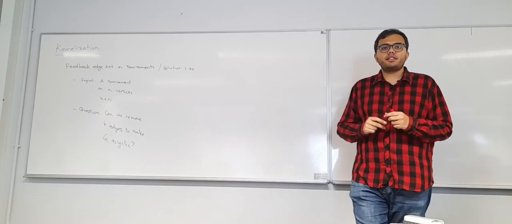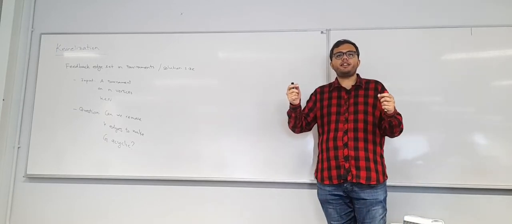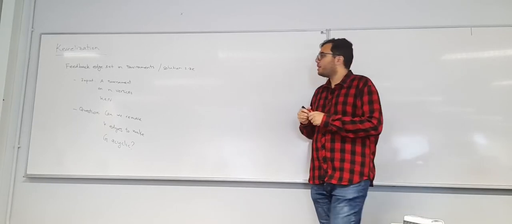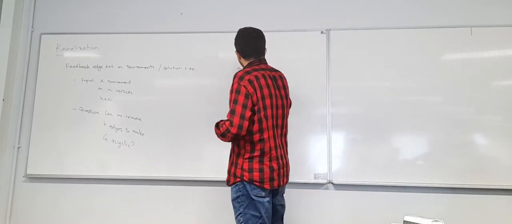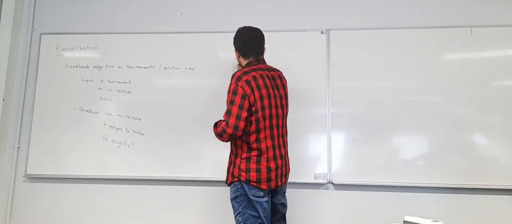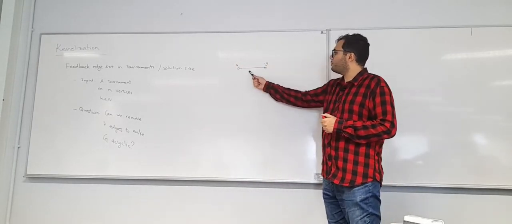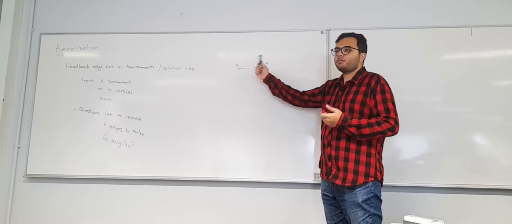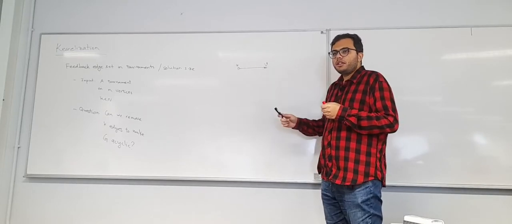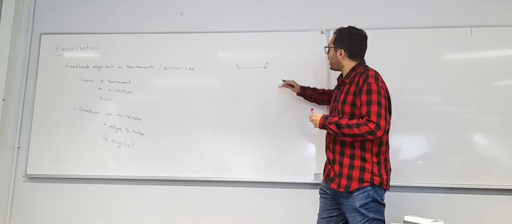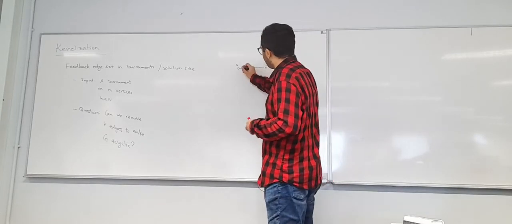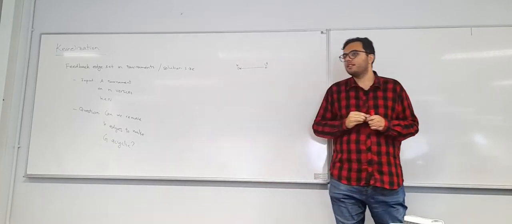So maybe instead of removing an edge, I can just reverse it. So maybe if I have an edge from U to V, and I know that I have to remove this edge because it was maybe in a lot of cycles, maybe instead of removing it, I can just change the orientation from V to U. Okay?